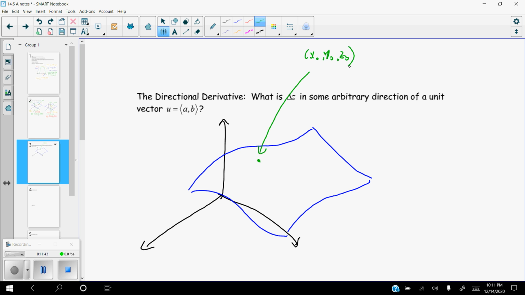And then we've got our second point over here, which we'll call xyz, just some other point on the surface. The first one is point 1, I'll put it up here. That's point 1. This is point 2.